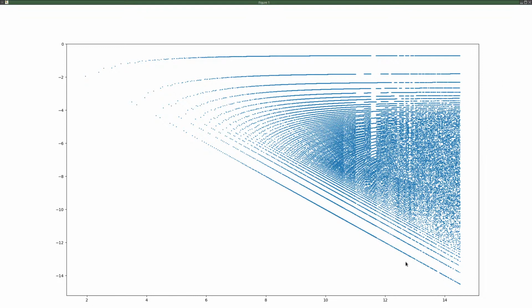This looks like a straight line, but what about this line then?